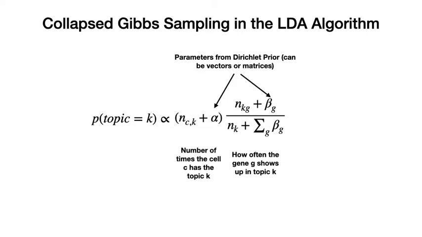Our contribution is that currently, in the modern form of LDA, beta is a vector. We propose to change it to a matrix that depends on the topic as well to carry more information.